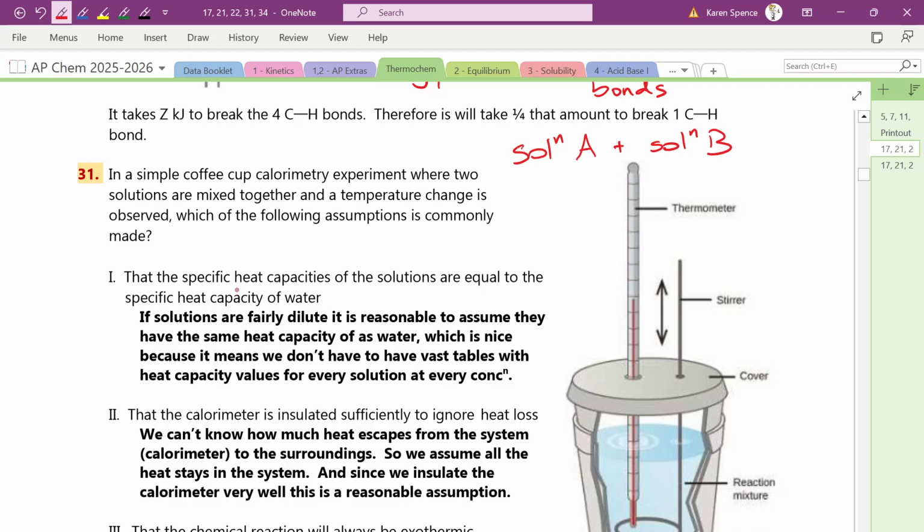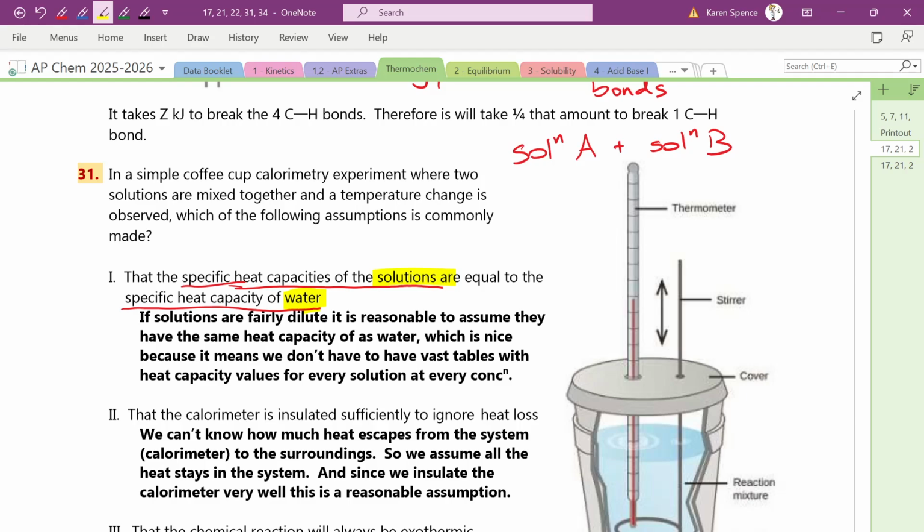Would we assume that the specific heat capacity of the solutions is the same as the specific heat capacity of water? Yes. If it's true, because the concentration is too low, right? Yeah, usually we're just like, it's pretty low. Now, is it actually true that it is exactly the same? No, it's not, but we do make that assumption because usually the concentrations are quite low, okay?